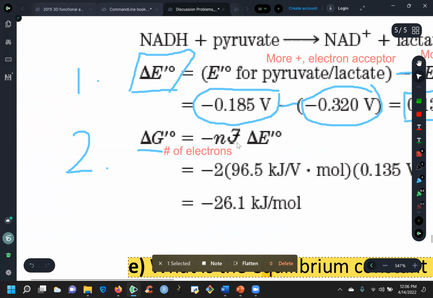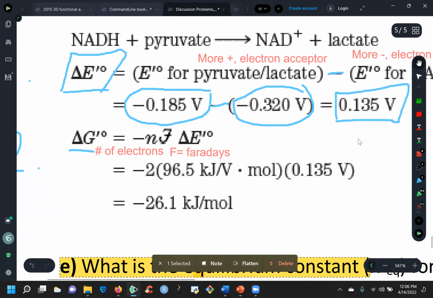F is Faraday's constant, which is right here, 96.5 kilojoules per volt. And then delta E is the change in standard reduction potential, which is the number that we just calculated. So you just plug that in.